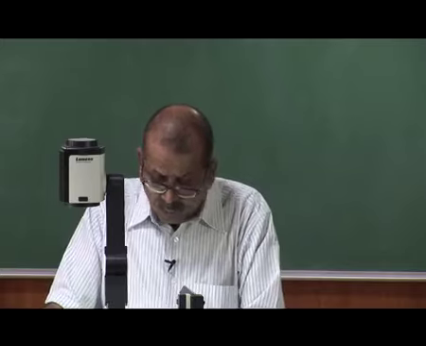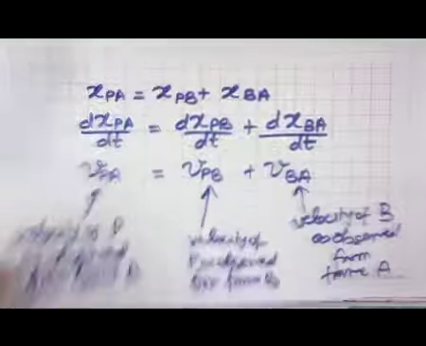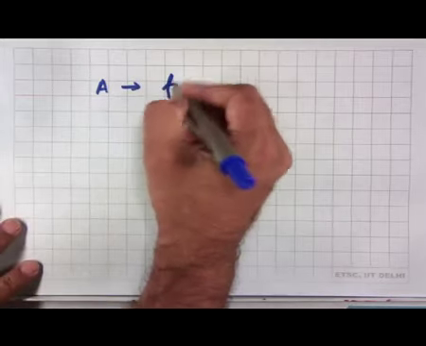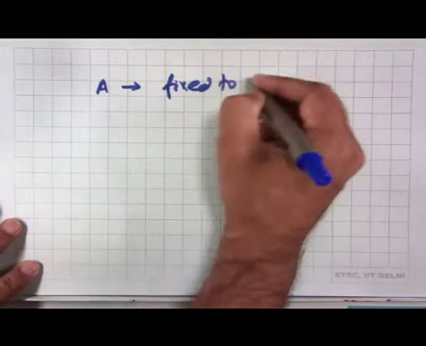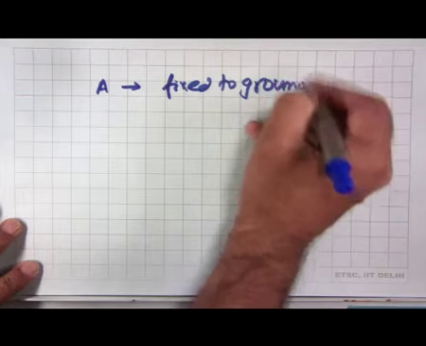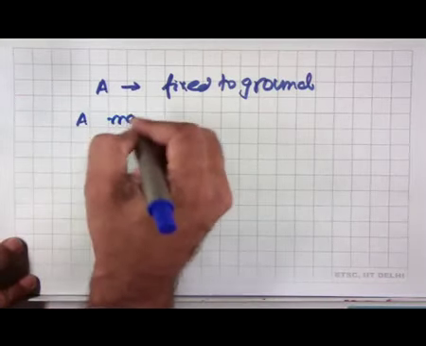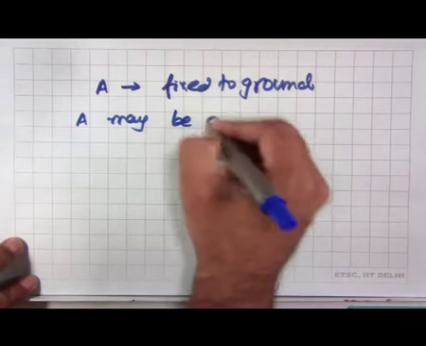Now, often frame A in a lot of cases will be fixed to ground, and when it is obvious that it is the same frame, then A may be dropped.